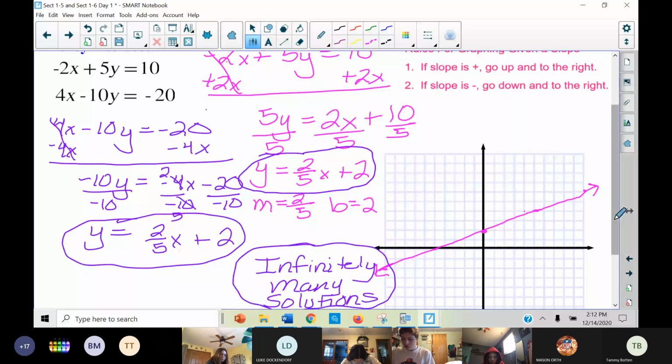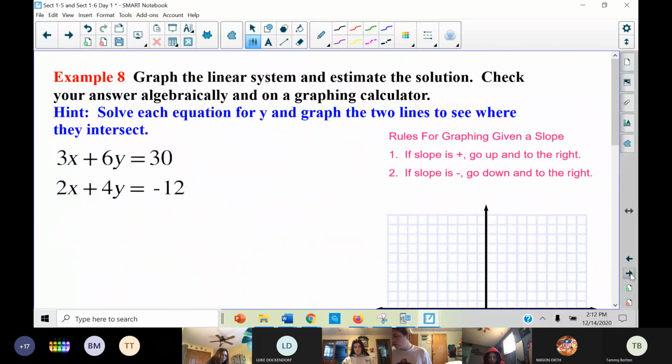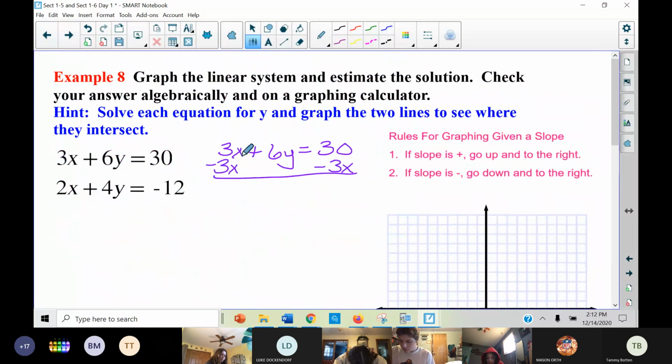Okay, so you're kind of going to like those because they're quicker. All right. Now, if we go to our last problem, I can take that first equation and solve that for y. So I'm going to subtract 3x, and I get 6y equals negative 3x plus 30.